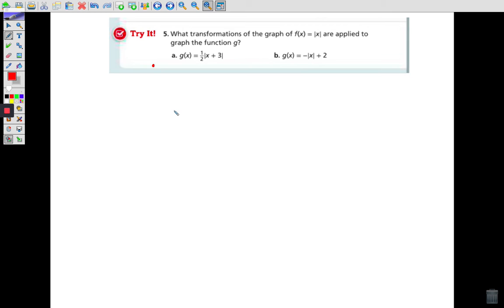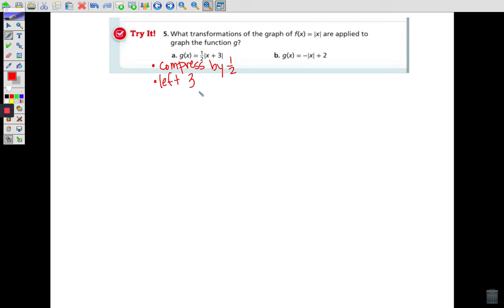Compress, yep. So I'm going to write compress by 1/2. And then the +3 on the inside of those absolute value bars tells me that it's going to move which direction? Left 3. Yep. All right, those were the only 2 transformations that this graph had.